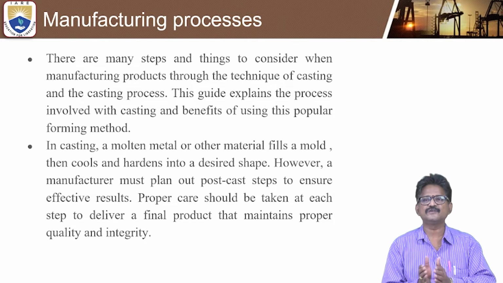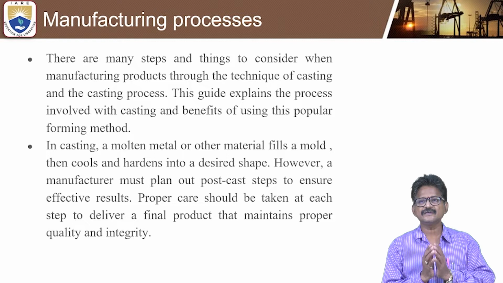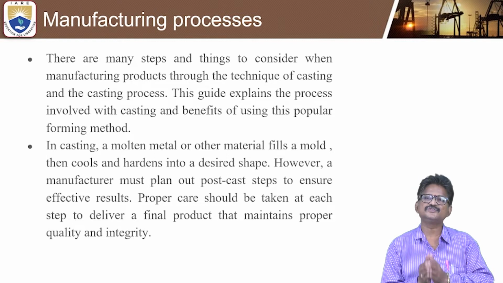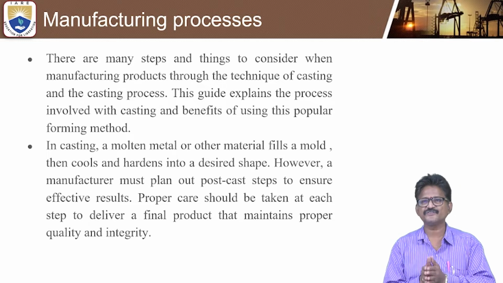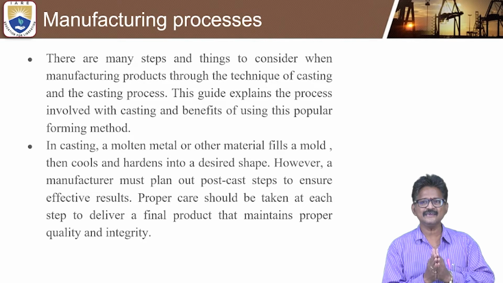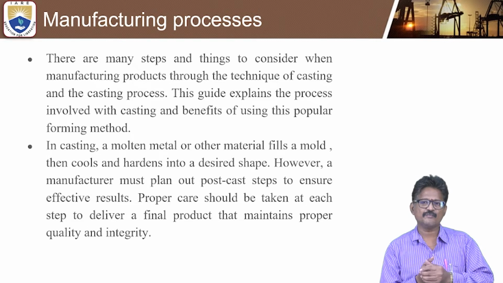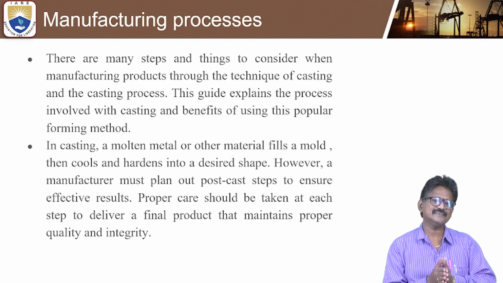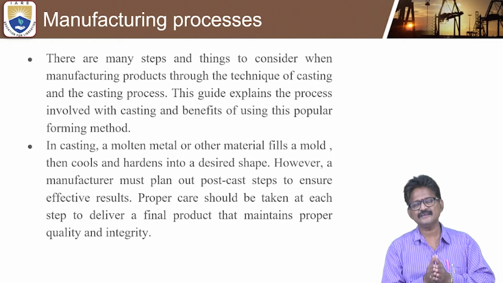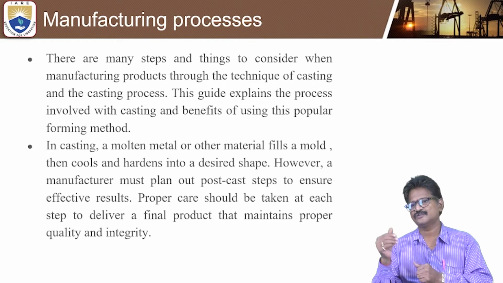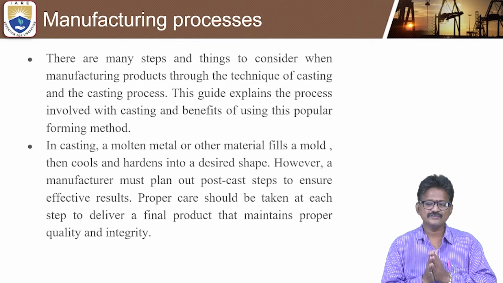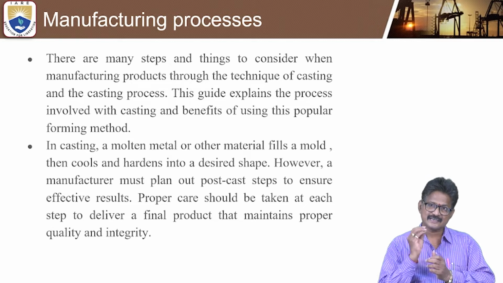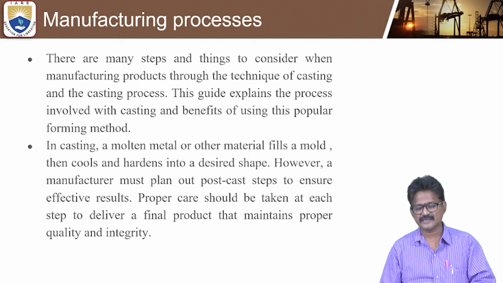Once the mold is prepared, we get the molten metal and fill it in, give a certain solidification time, and then extract the final component. That component is tested by the inspection department, and after finishing and painting it goes to the customer. This is how the traditional metal casting process works.